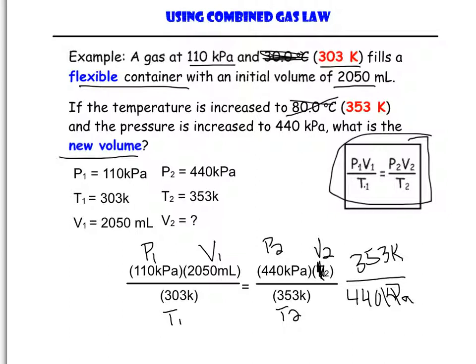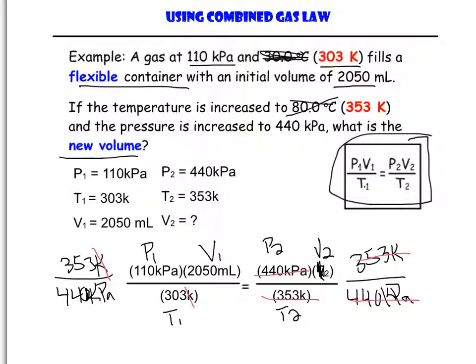And so now this cancels out with this cancels out with this, and we need to do the same thing to the other side. So we multiply by 353 Kelvin over 440 kilopascals. I'm sorry, that should be a 0 there. And now we can cancel out our units on this side.